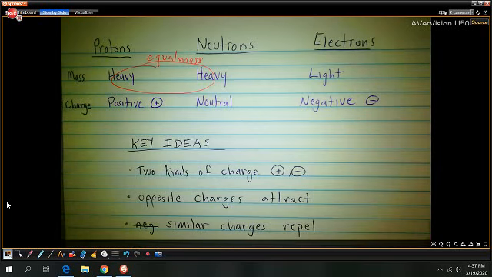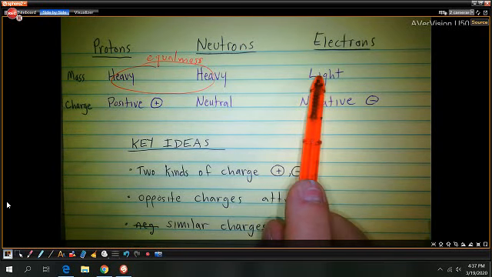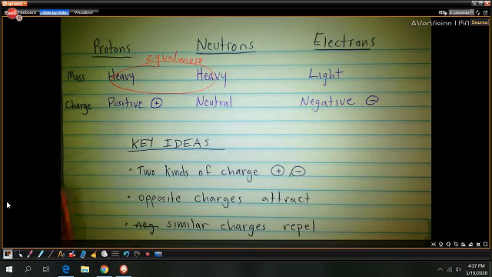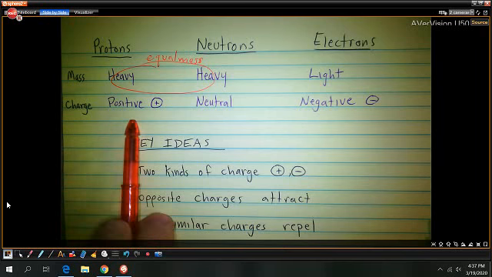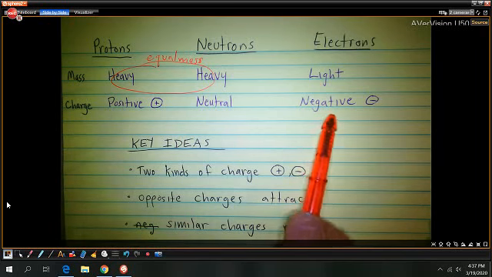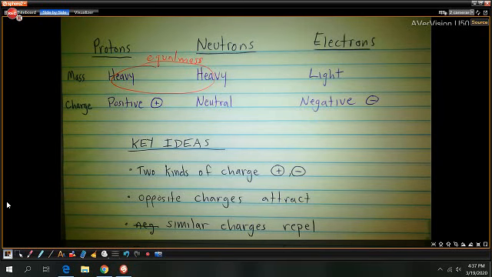You get the idea, right? Proton and neutron are heavy, but mostly, the electrons are light, okay? Mostly what we're interested in this unit is the charge of these guys. So a proton is positive, neutron is neutral, and electron is negative. You're going to want something like that in your notes.